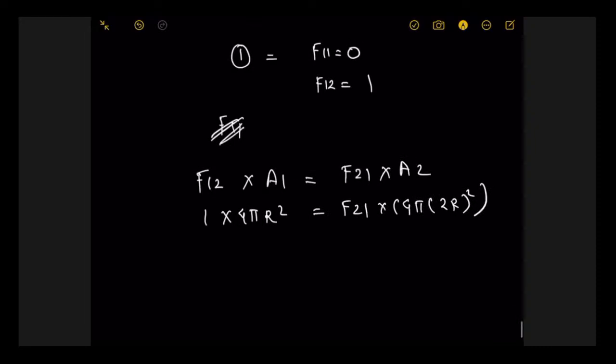So from here F21 is equal to 1 by 4 and F22 is equal to 3 by 4.